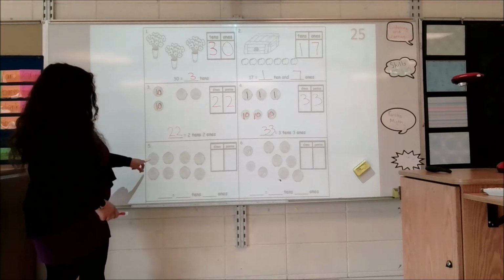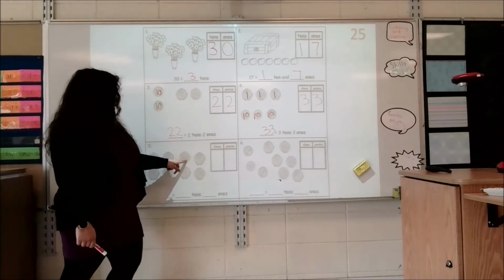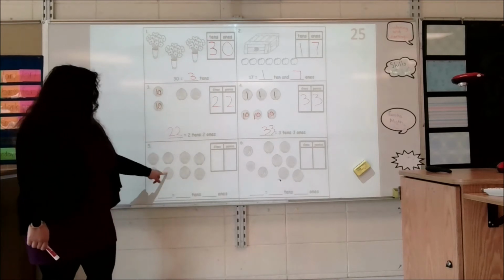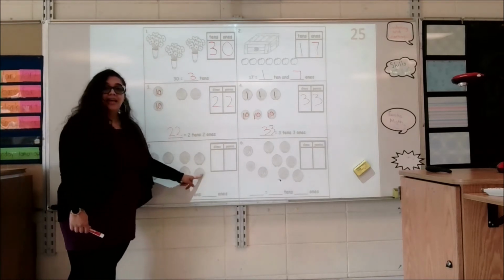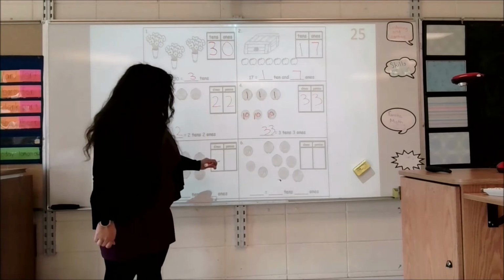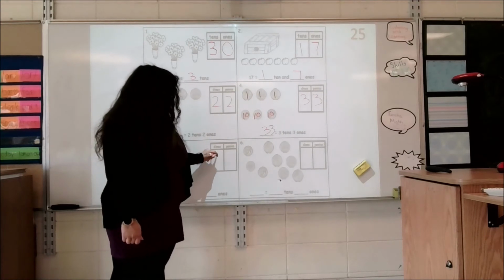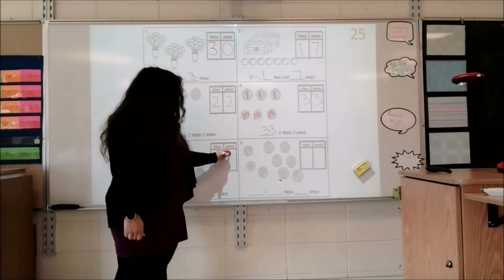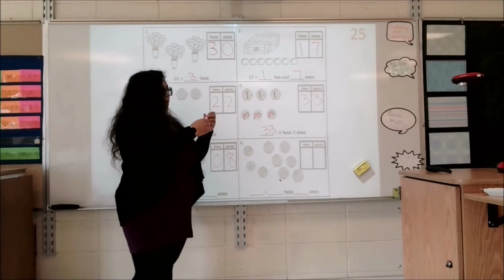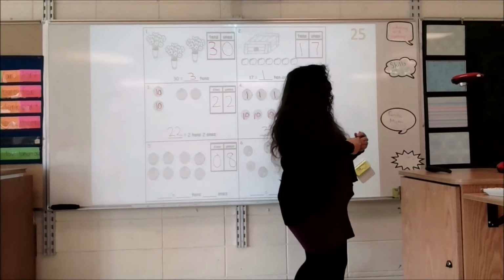Ones, correct. So that means we have 1, 2, 3, 4, 5, 6, 7, 8. 8 pennies. So under dimes, we're going to write either 0 or leave it blank.